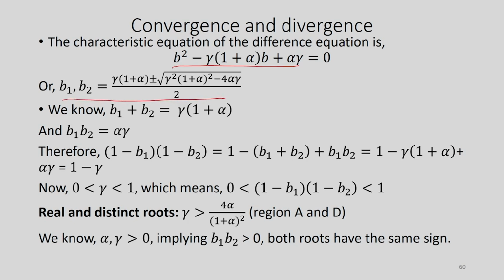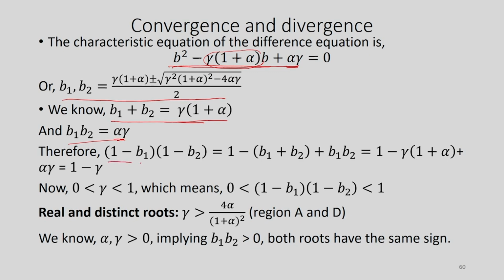Now, what we know is that if we have a quadratic equation like this and B1 and B2 are the roots, then the summation of the roots is minus of the coefficient of the b, which is gamma multiplied by 1 plus alpha. So, this is high school mathematics, and the product of the roots is this term alpha multiplied by gamma, okay, that we know.